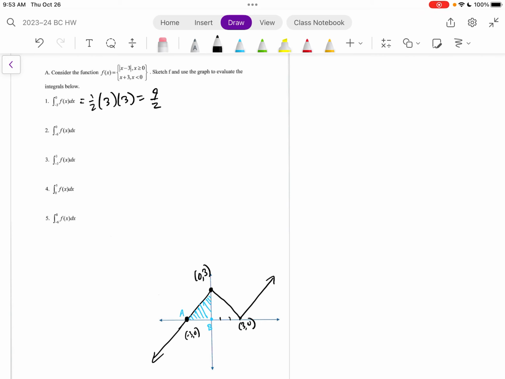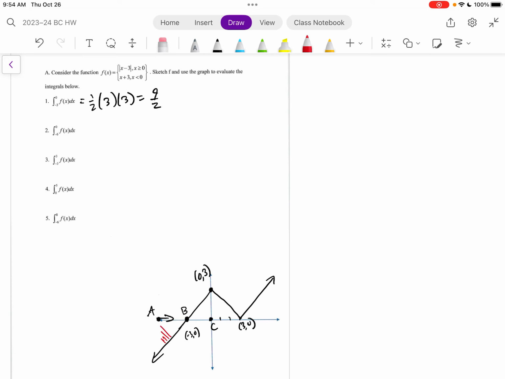Okay. What about from -6 to 0? Well, it's still a positive walk, but now we're going from A through B to C, and we're sort of walking this way, right? And the first bit is actually negative because we're below the curve, right?